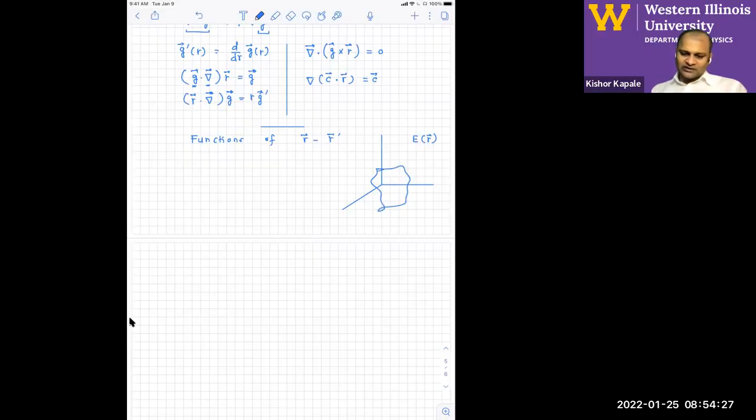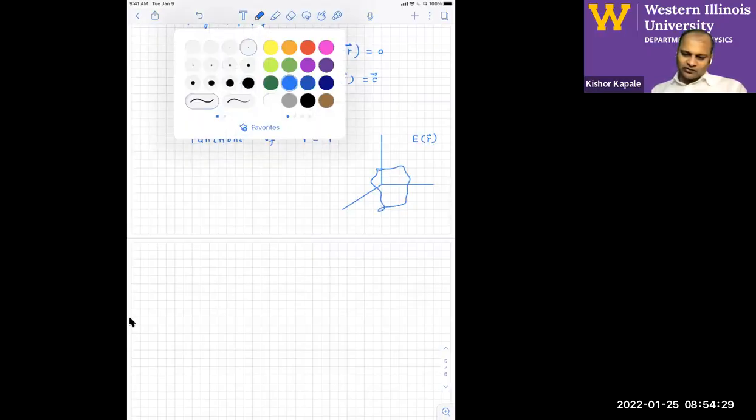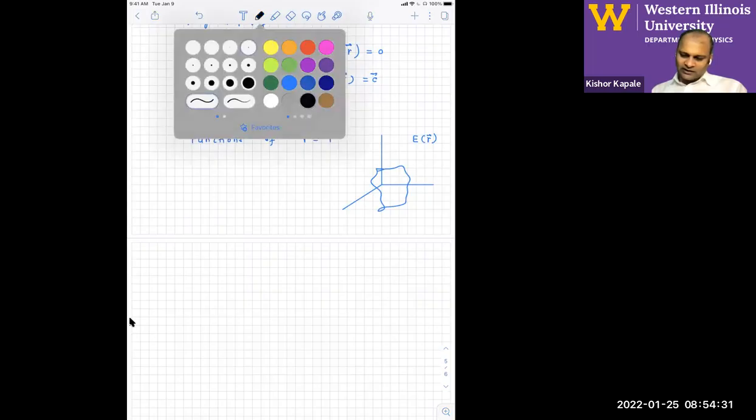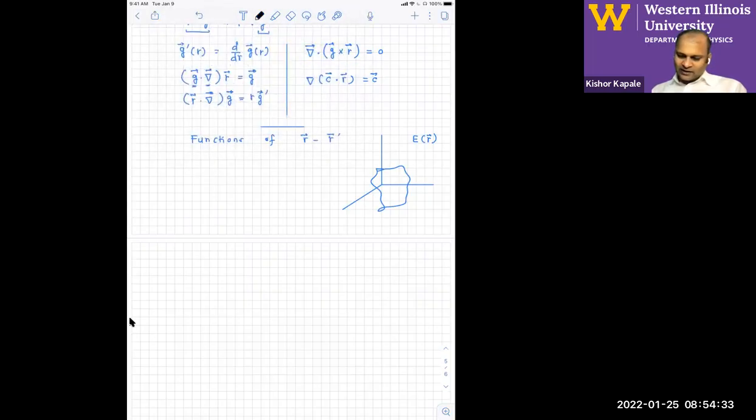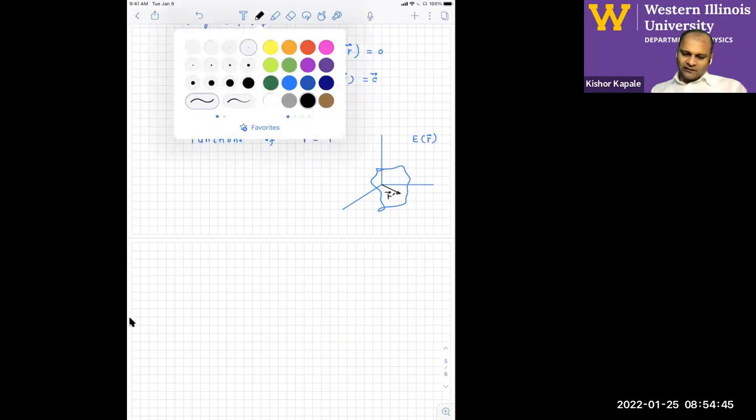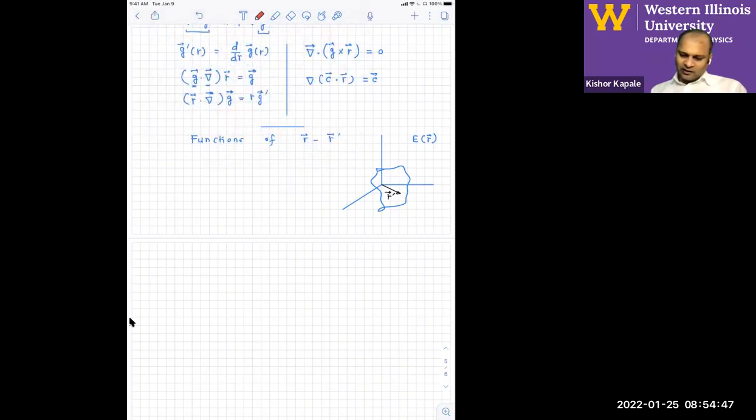That means naturally I'm going to need two different coordinates: one that keeps track of the charge distribution, so let's call it R prime, and the other one that keeps track of the position at which I'm trying to find the electric field. Does that make sense?